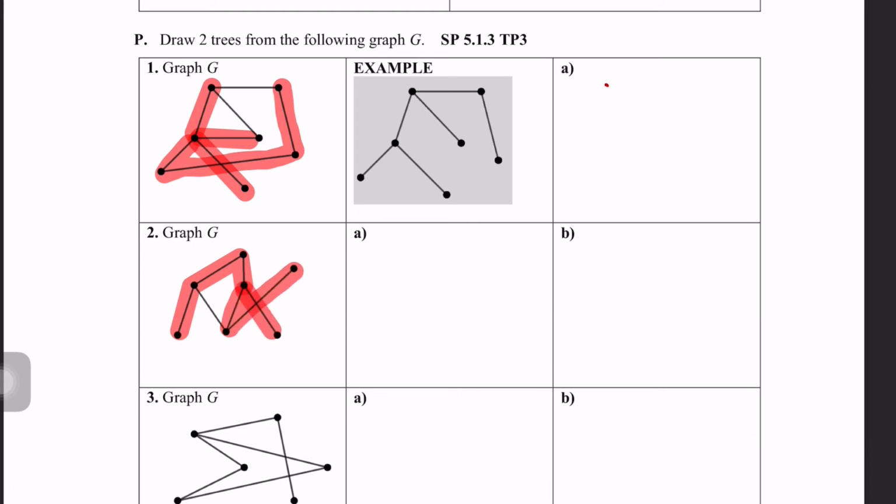Saya lukis 1, 2, 3, 4, 5, 6, 7. Okey. 1, 2, 3, 4, 5, 6. Okey, pun boleh. Tak ada masalah. Yang penting dia memenuhi syarat. Okey, tak ada multiple edges dan tak ada loop.